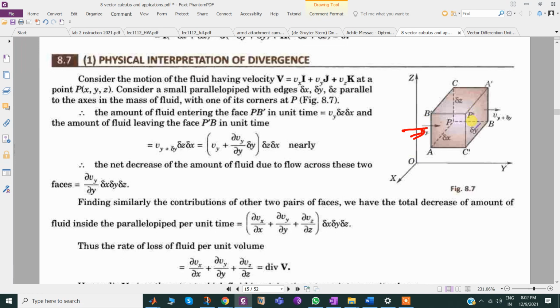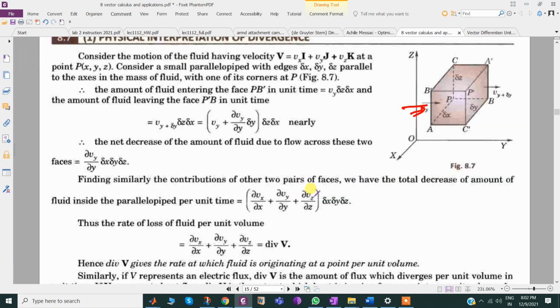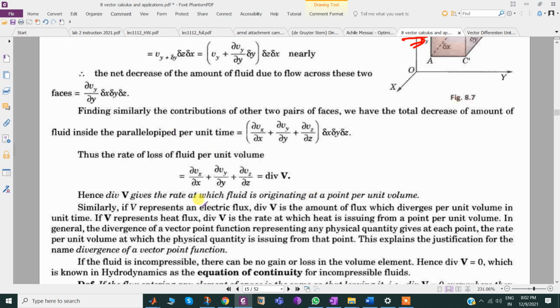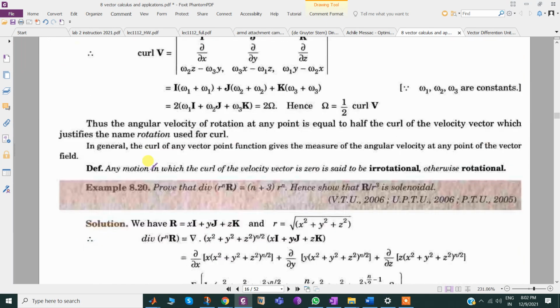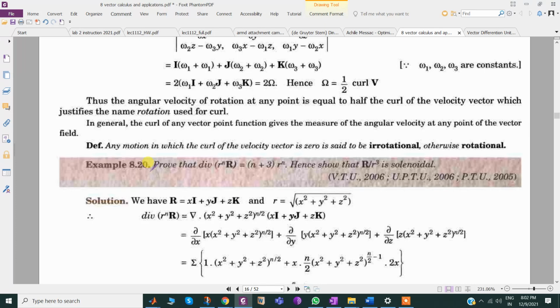In the case of incompressible, div equals 0. Div V bar gives the rate at which fluid originates from a point per unit volume. Just have an eye on these definitions, which we discussed already, and even this one also we came across.